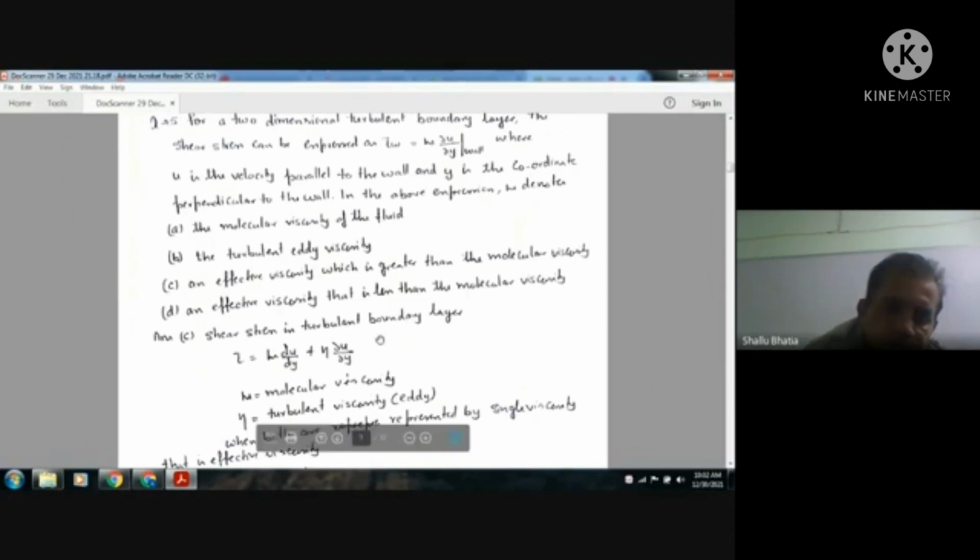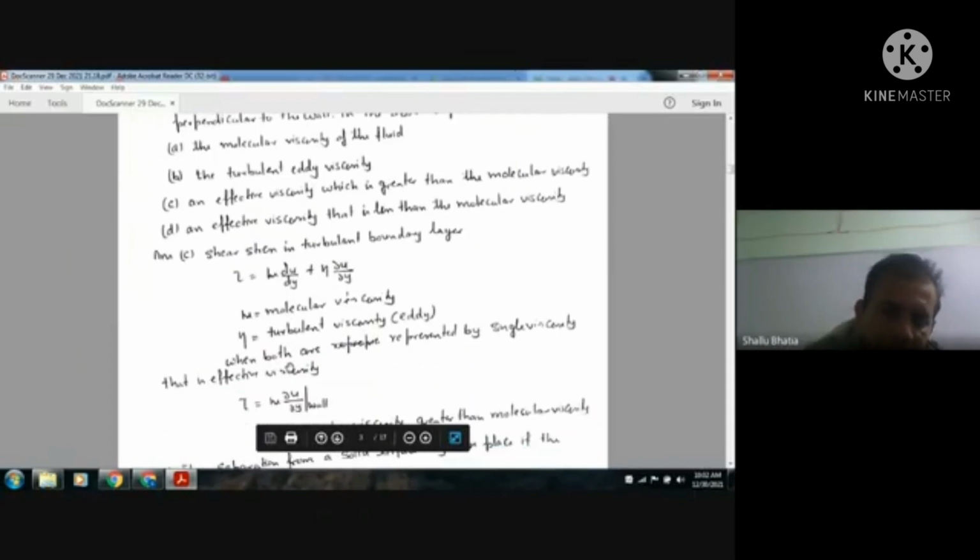In a turbulent boundary layer, the shear stress is given by mu du by dy plus the eddy viscosity term. Here mu is your molecular viscosity and this is your turbulent eddy viscosity. But when we combine these two viscosities, then we get the effective viscosity.